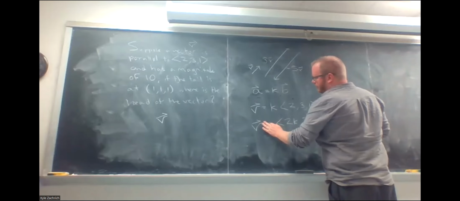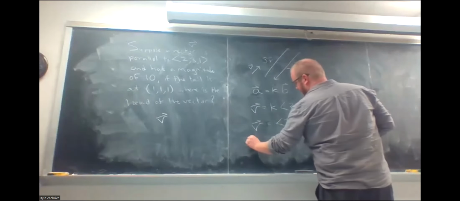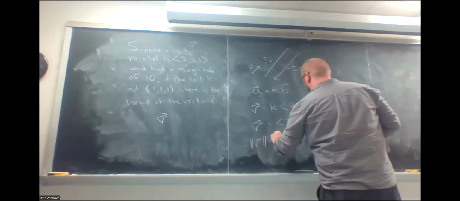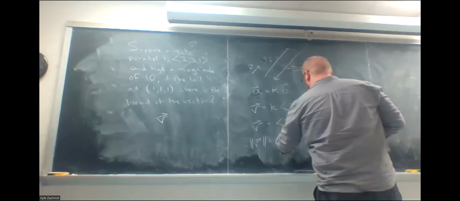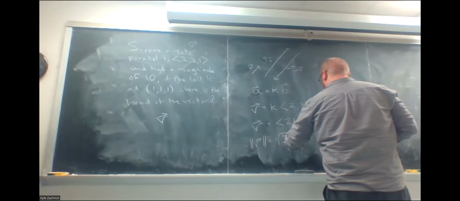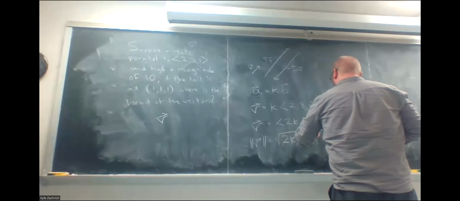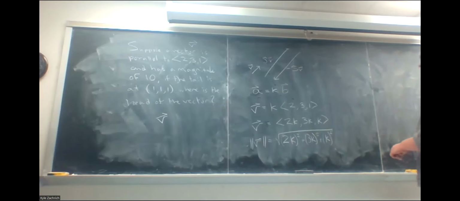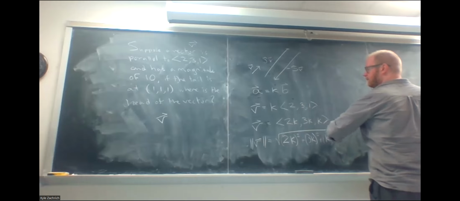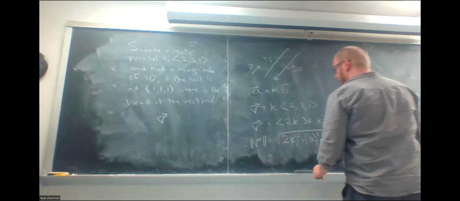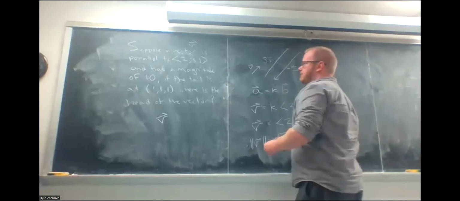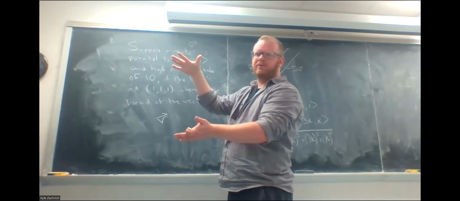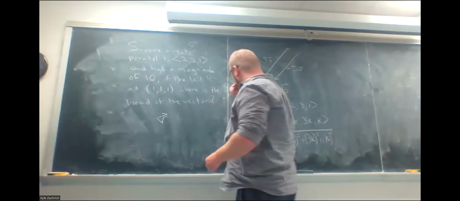Figuring out the magnitude of this vector, the magnitude is going to be the square root of (2k) squared plus (3k) squared plus k squared. That's the same idea that we did with the other problem, where we want to shrink it down to 1, the unit vector, and then multiply it by 10.